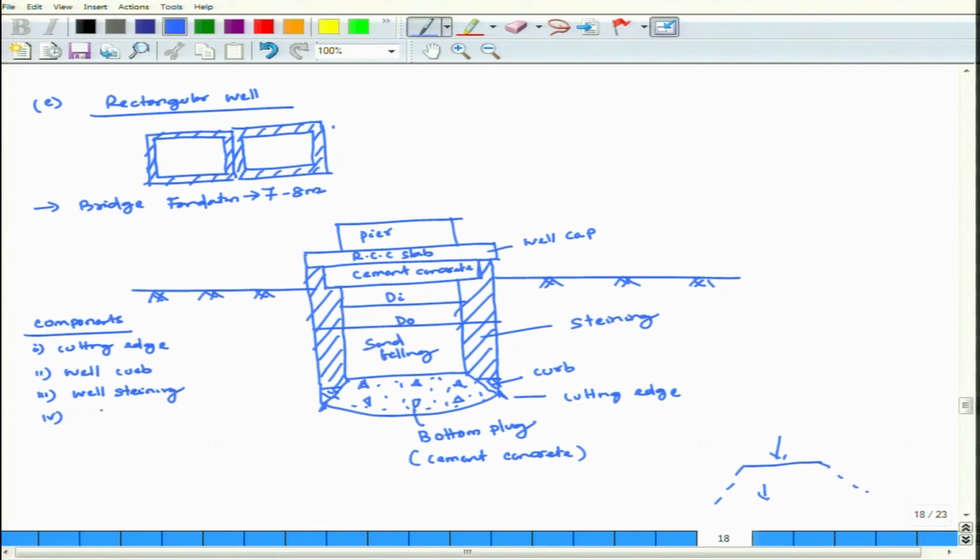There are 5 categories. First is the cutting edge, second is the well curb, third is the well steining, fourth is the bottom plug, fifth is the top plug.